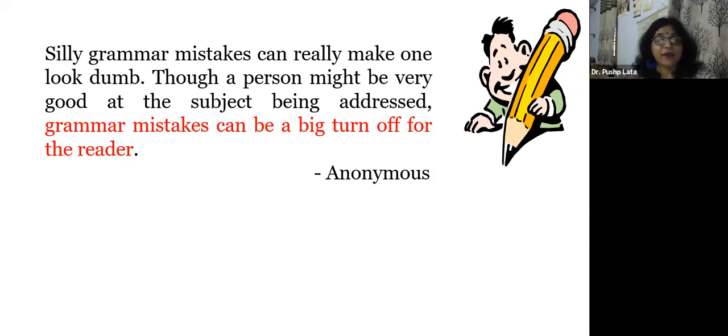You might be really knowledgeable, you might have a good hold over your subject, but the bottom line is that if you're making too many grammatical mistakes, your readers are not going to read your research paper, because under the number of grammatical mistakes, your message goes unnoticed. Grammatical errors easily put off the readers.